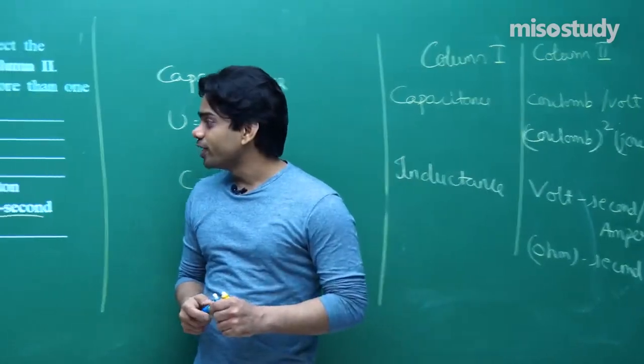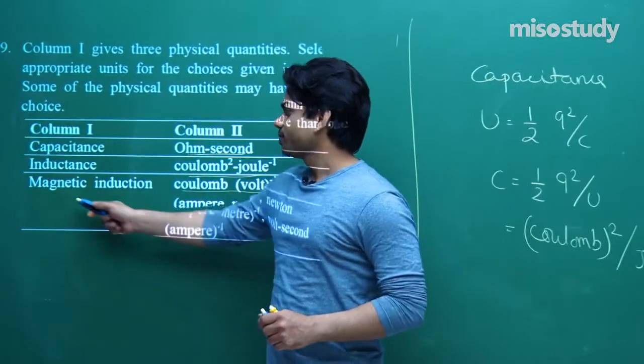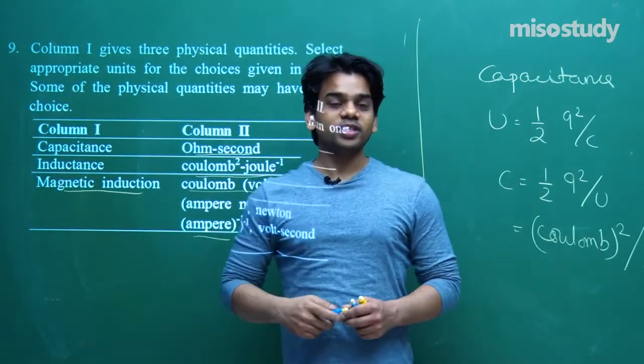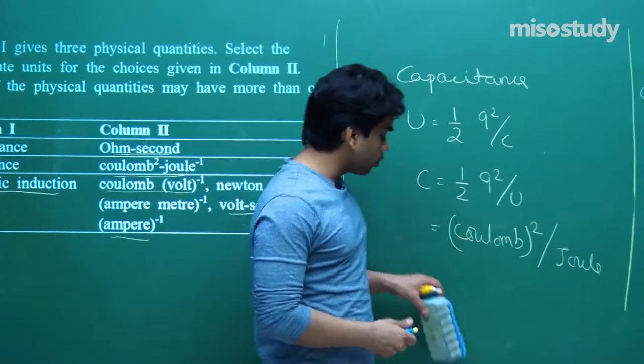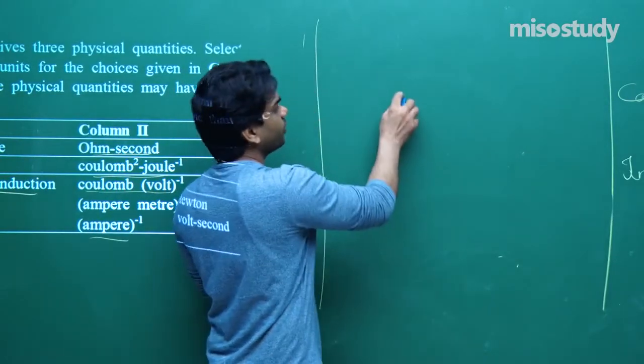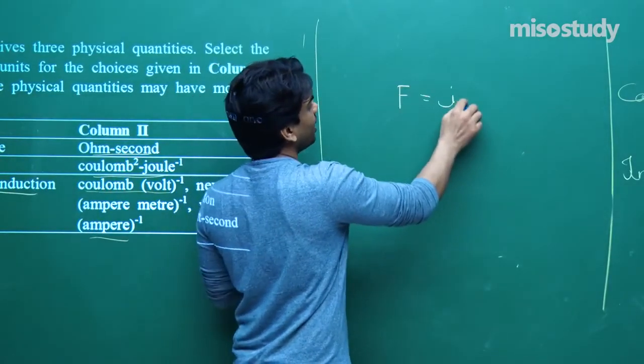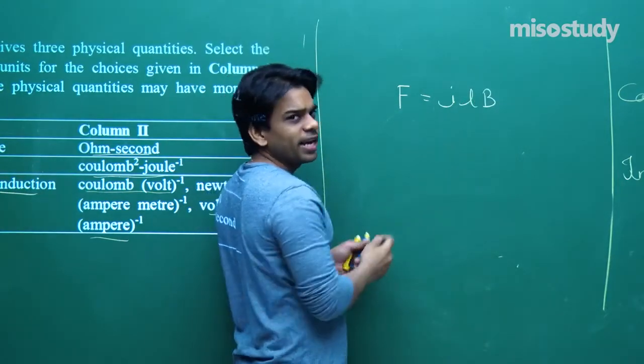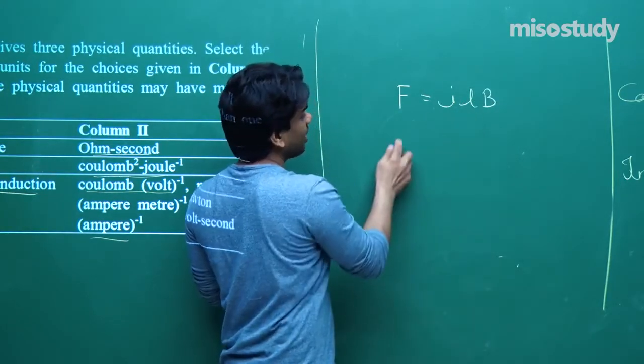Now we are left with magnetic induction. You see, there's a term force that acts on a current carrying wire placed in a magnetic field. F is equal to ILB, where B is actually the magnetic induction.